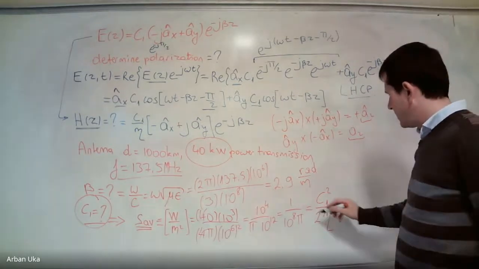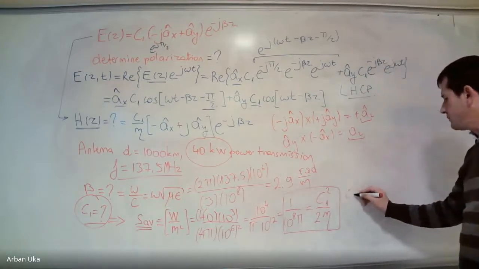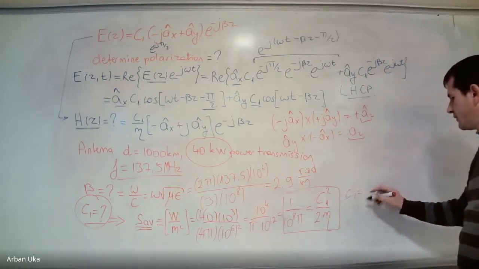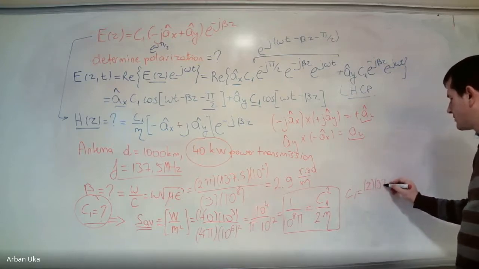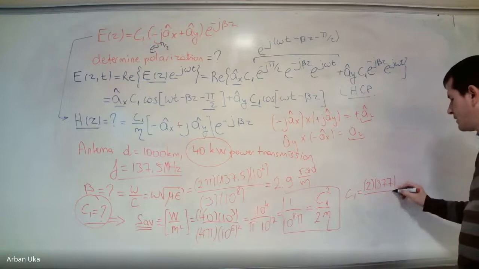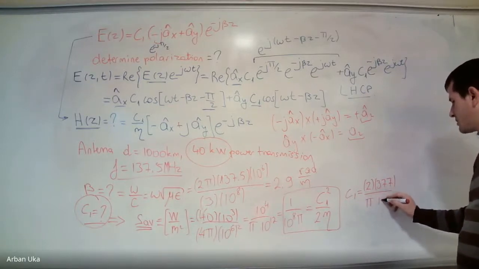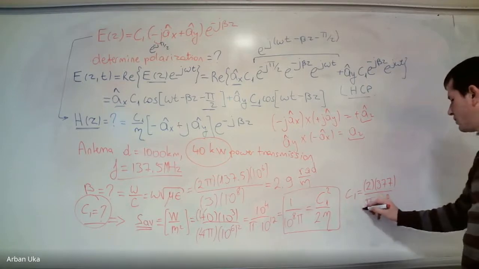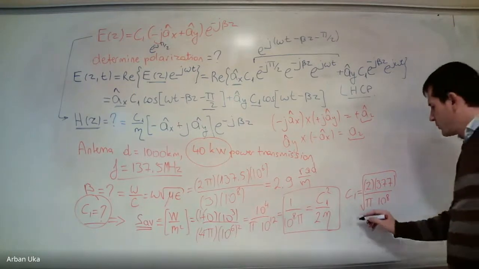From this expression, C1 would be equal to the square root of 2 times 377 divided by pi times 10 to the power 8. So for C1, we found something like 1.5 millivolt per meter.